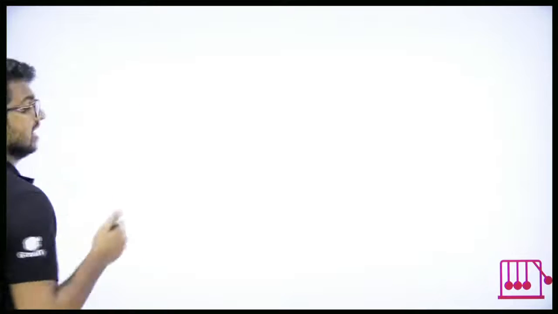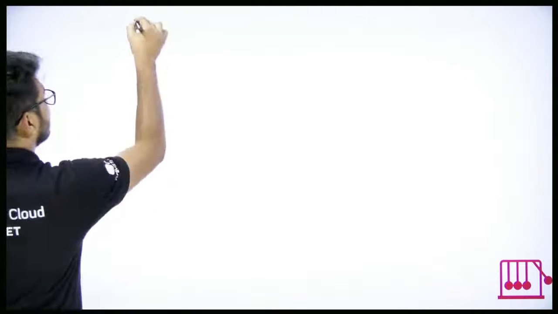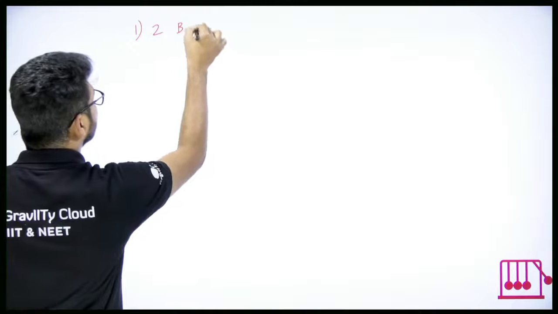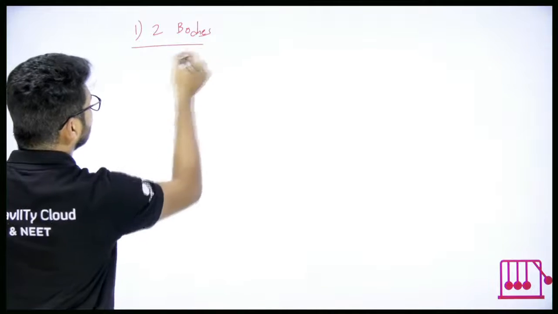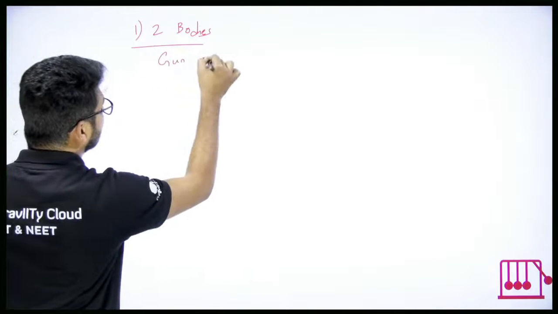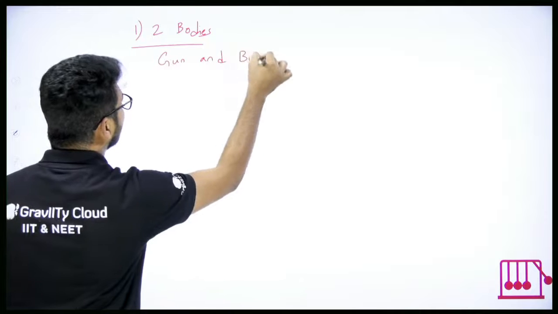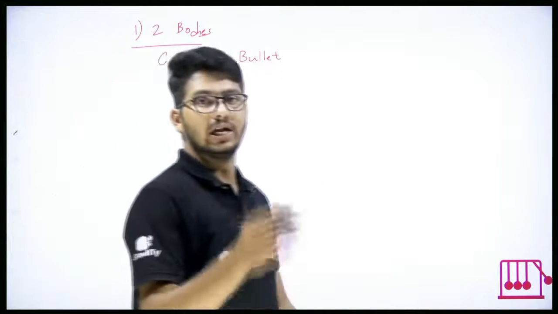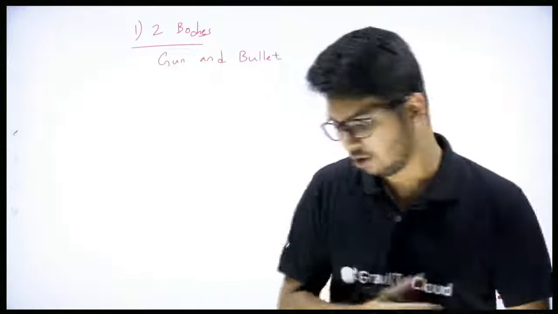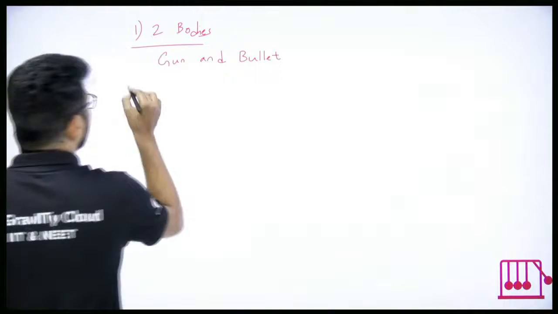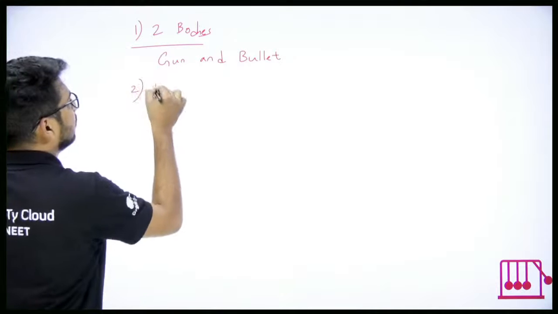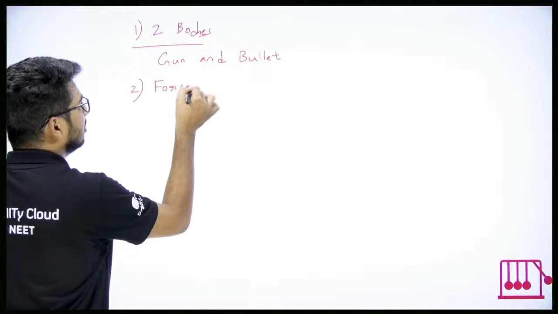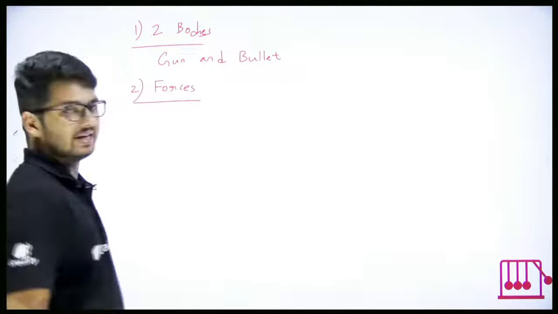So when it comes to the gun and the bullet, the first step is identifying the two bodies. What are the two bodies here? The gun and the bullet. Clear? Then what will you do? Second step, forces. First step is identifying the bodies.